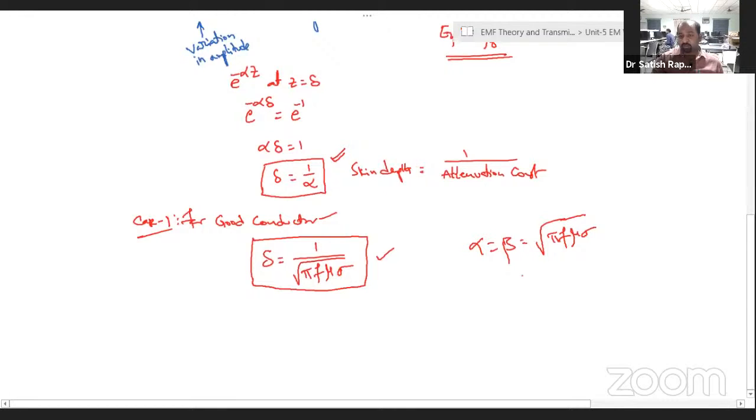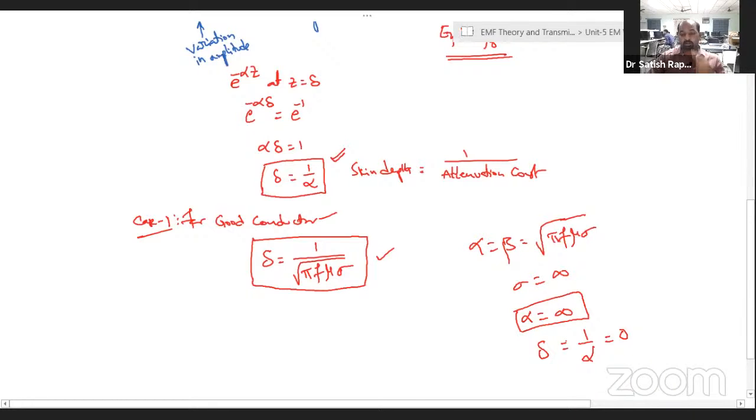For a good conductor, conductivity is infinite. Therefore alpha is equal to infinite. When alpha is infinite, skin depth is 1 by alpha, which is equal to 0.